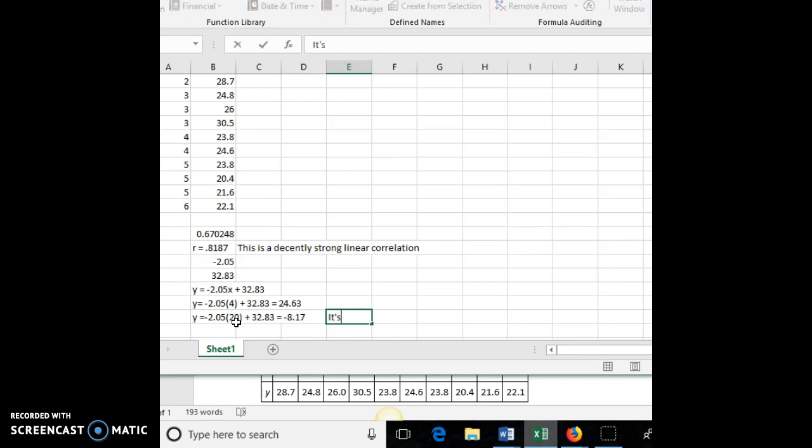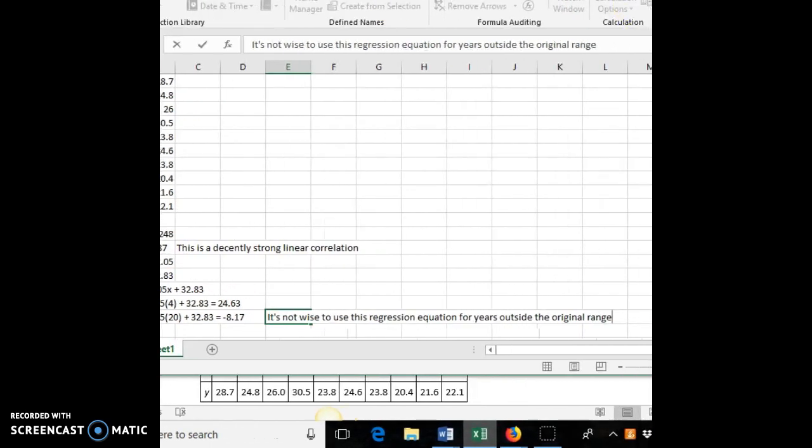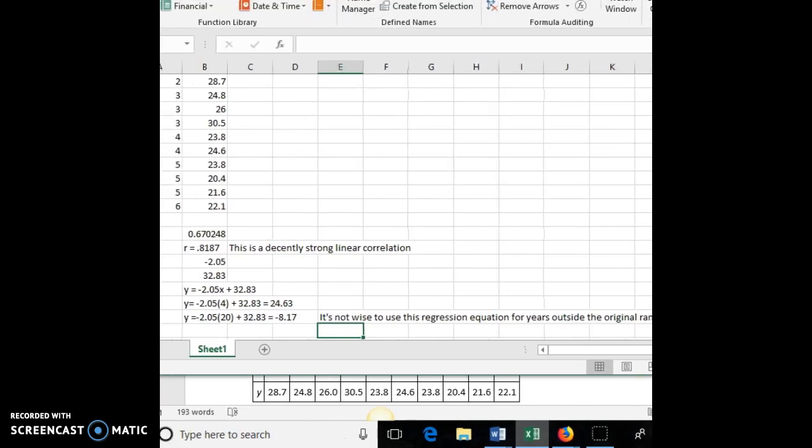So it's not wise to use this regression equation for years outside the original range of time. That's called extrapolation, just so you know what that word is, and it is just not a good thing to do.